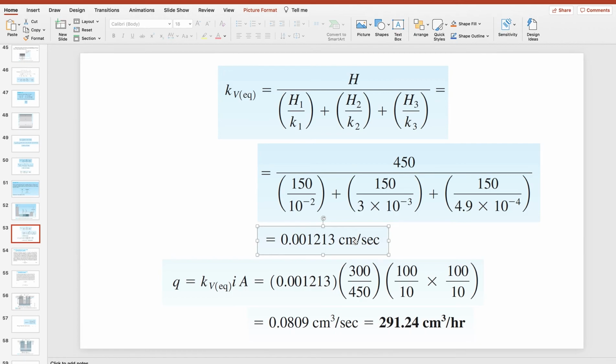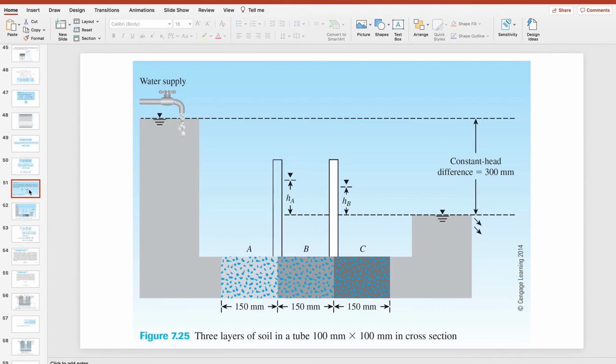Then we can now solve for the flow. Flow is equivalent to K times I times A. This time, the K that we will use is K vertical. So, our hydraulic gradient, it is the change in head divided by the L. Right? That is the I, the hydraulic gradient.